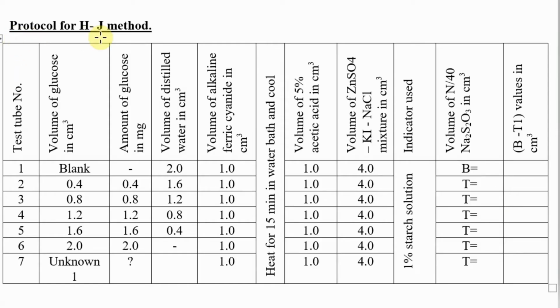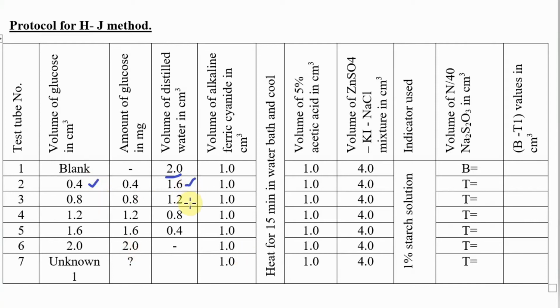Now, the protocol for the HJ method. It involves 7 test tubes, numbered 1, 2, 3, 4, 5, 6, 7. The first test tube will not have any glucose solution, so we'll add 2 ml of water. In the second test tube, we'll add 0.4 ml of glucose solution and 1.6 ml of distilled water.